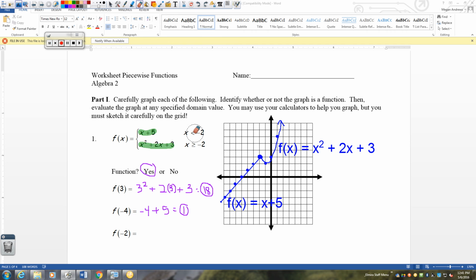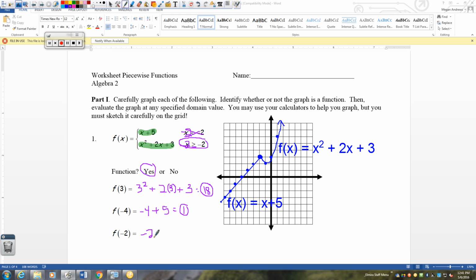And lastly, negative 2. Well, negative 2 isn't less than negative 2. They're the same number. Now, this is negative 2 greater than or equal to negative 2. So that one doesn't work. This is the one that works because of the equal bar. So I'm going to sub in negative 2.